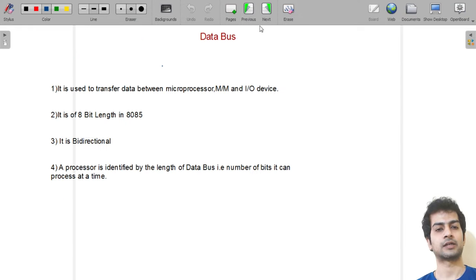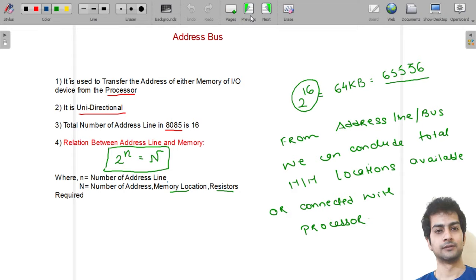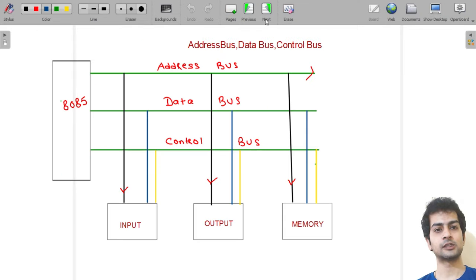The data bus is bidirectional. This is important. In the address bus, we saw that the address bus is unidirectional, but the data bus is bidirectional. Why the data bus is said to be bidirectional, I am going to discuss shortly when I discuss multiplexing of address and data bus.